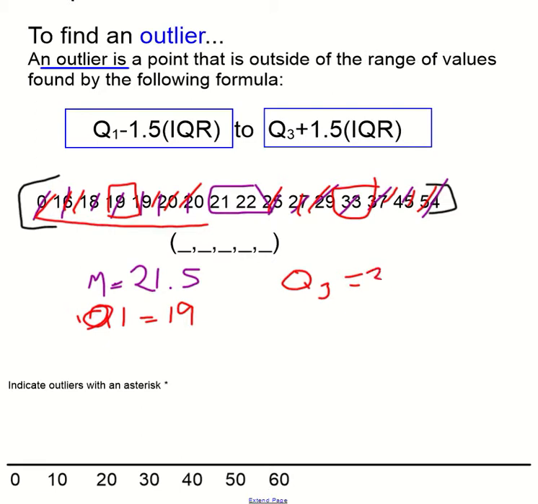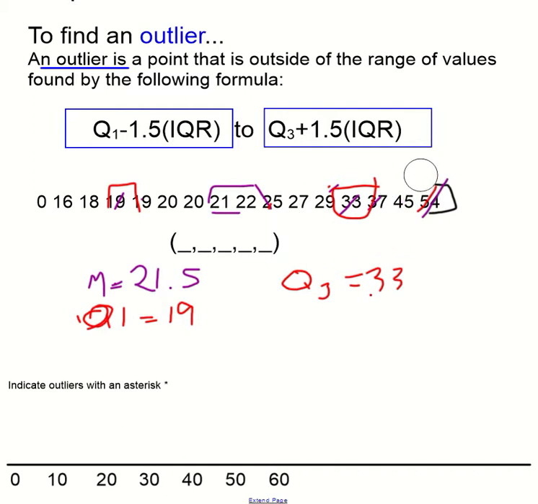Okay. So now we're going to decide if the upper and lower numbers are outliers in our data set or not. So we find the interquartile range. Our interquartile range is going to be 33, our Q3, minus 19.